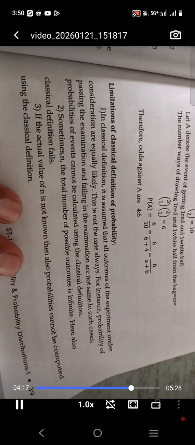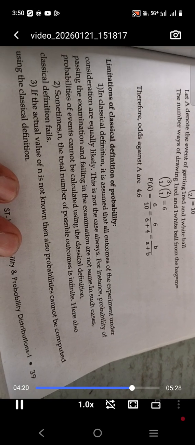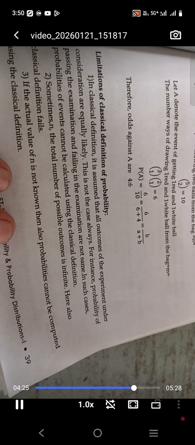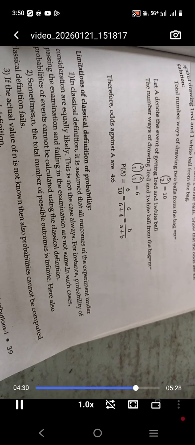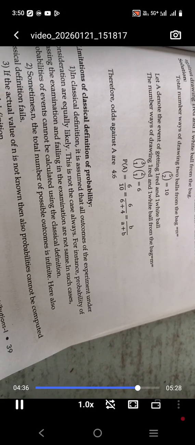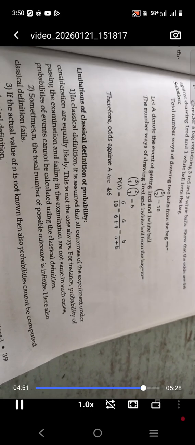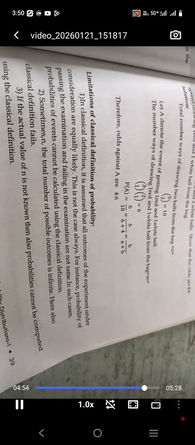In such cases, the probability of an event cannot be calculated using the classical definition.